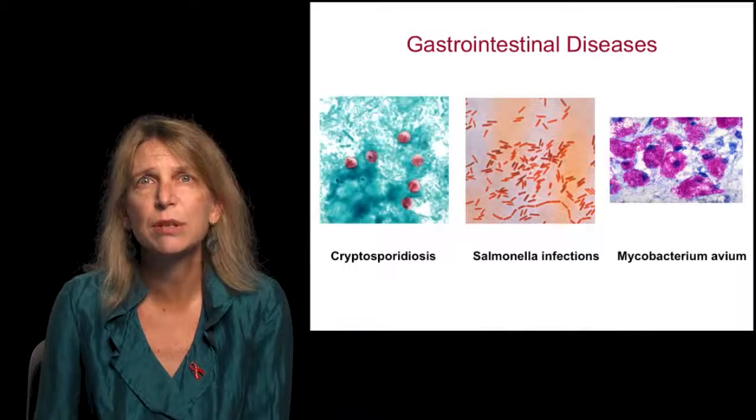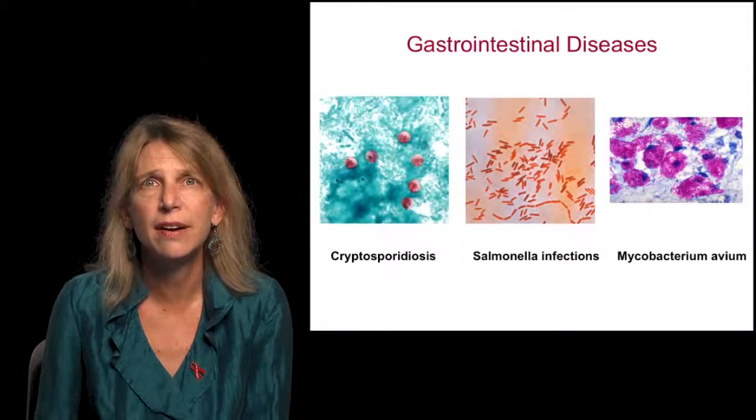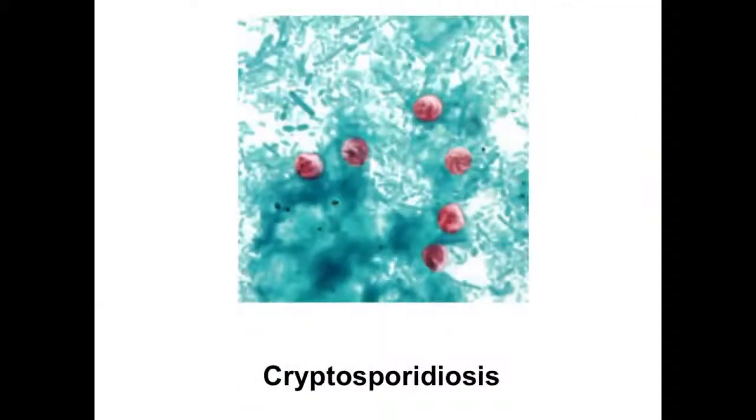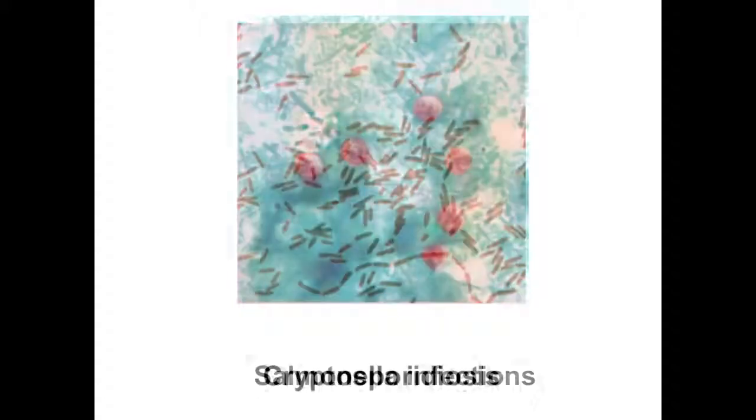There are many gastrointestinal diseases that are AIDS-defining conditions. These include the parasite cryptosporidiosis that affects the gastrointestinal system and causes profound diarrhea. Patients can have as many as 20 to 30 bowel movements per day.